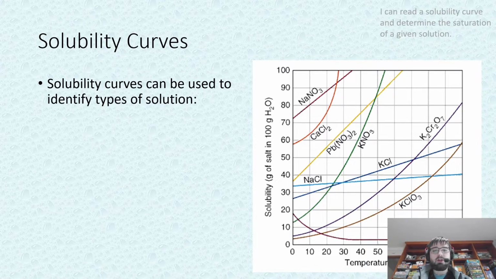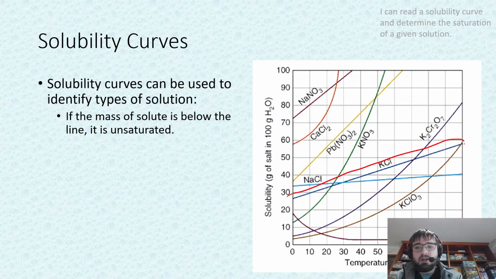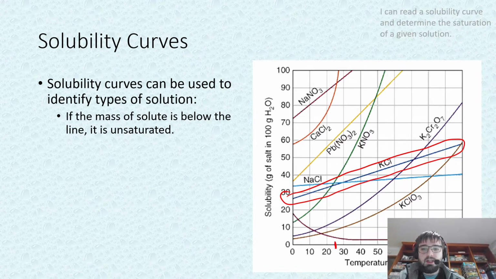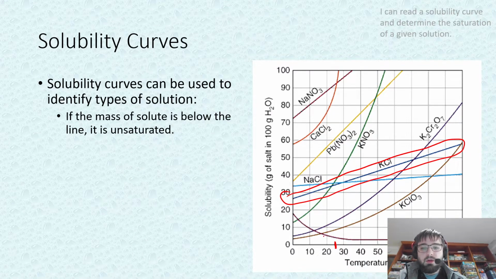So if we're looking, let's say, at potassium chloride, so it's this line here. And we've got a solution of potassium chloride and it's at room temperature, so 25 degrees here, standard laboratory conditions. So when we want to look at how much we can dissolve in it, all we do is follow that line up, just like you're reading any graph, up to about here.